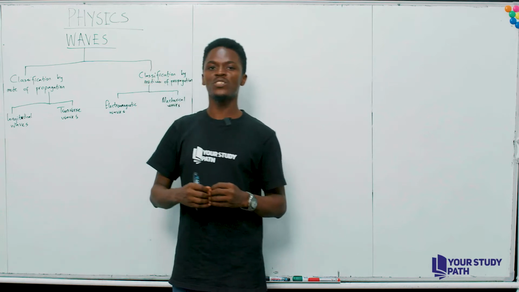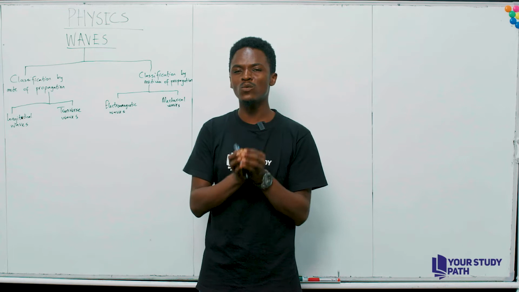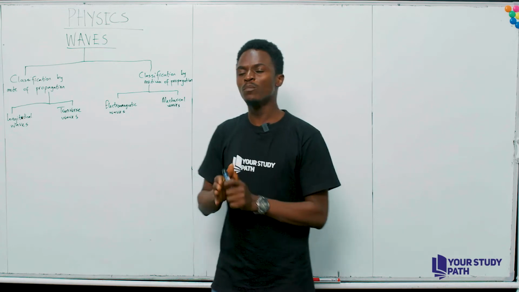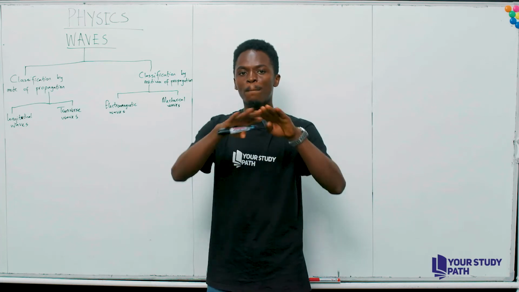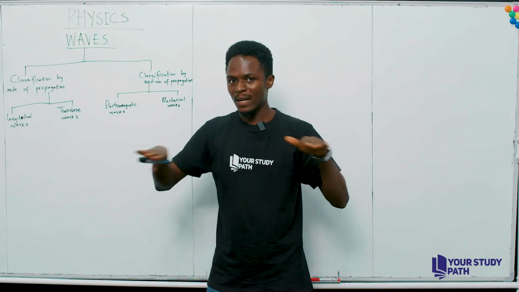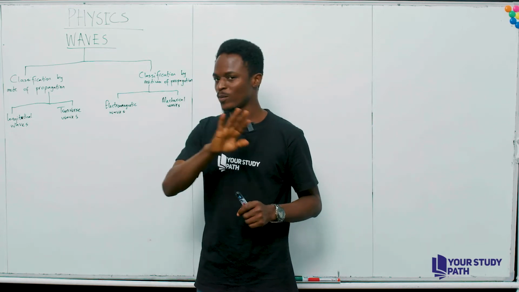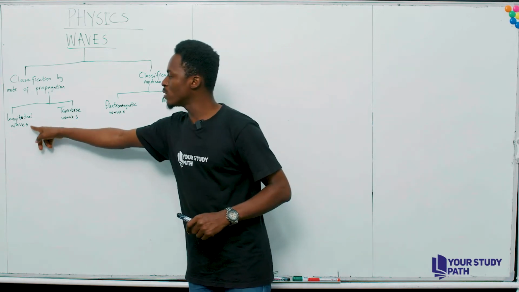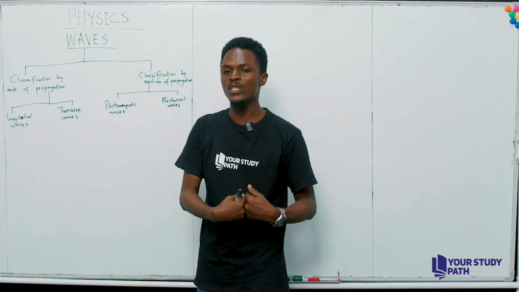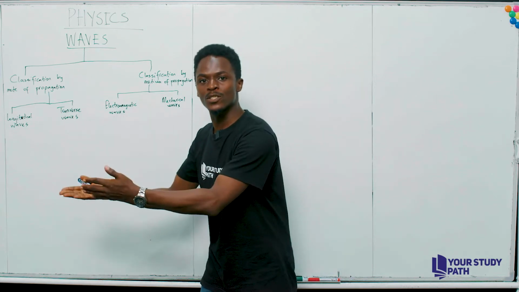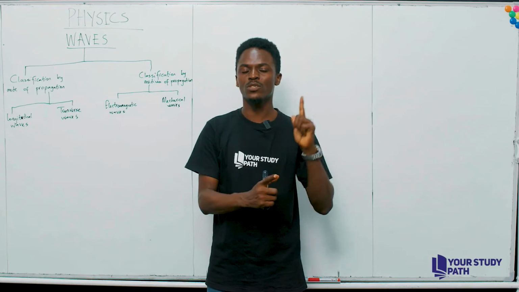Now, here it is. Whenever we are talking about longitudinal waves, Jamb expects you to know that longitudinal waves are waves in which the direction of propagation is parallel to the direction of vibration of such wave. I come again. We define longitudinal waves as waves in which the direction of propagation is always parallel to the direction of vibration of such wave.